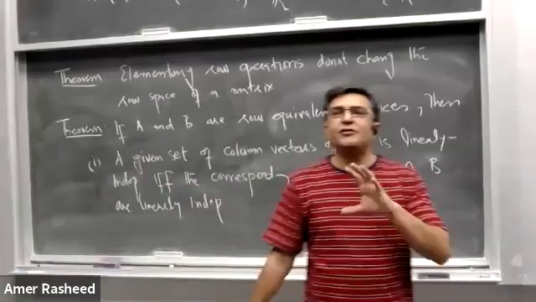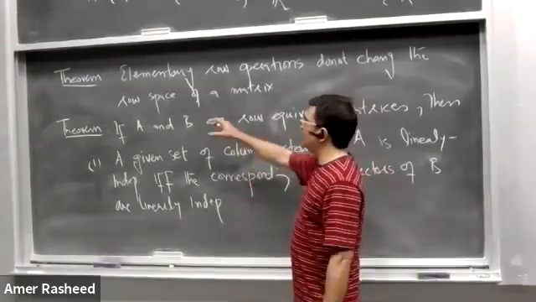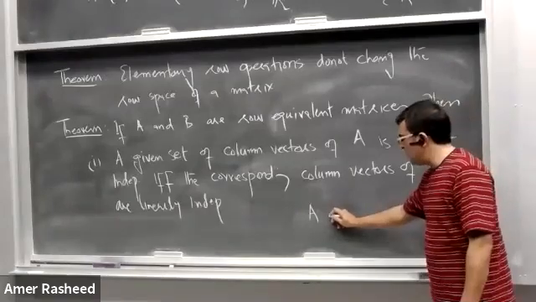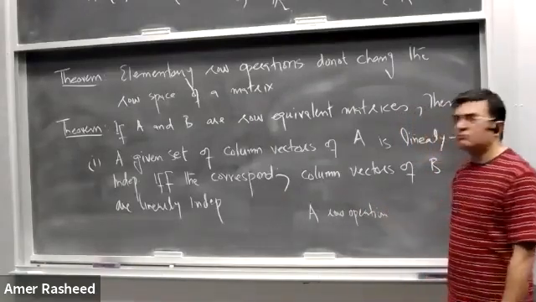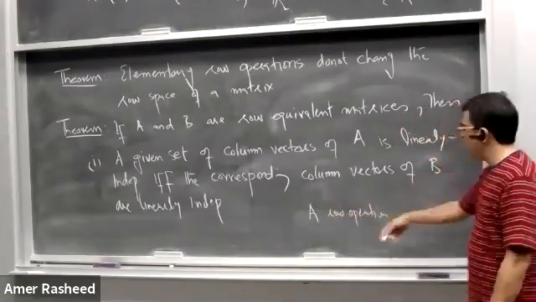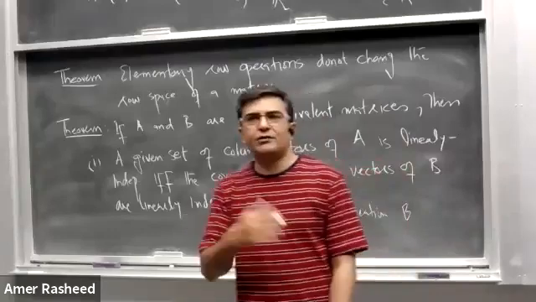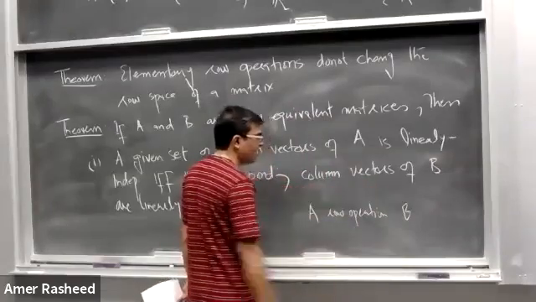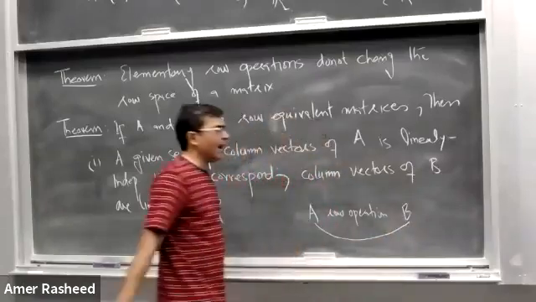Now, what does it mean? If we have two equivalent matrices, I hope you remember what equivalent matrices are. Equivalent matrices are basically: if A is some matrix and we apply some elementary row operations and obtain another matrix B after applying a single elementary row operation or a series of elementary row operations, in order to reduce this matrix into reduced echelon form, then we say that these two matrices are equivalent.